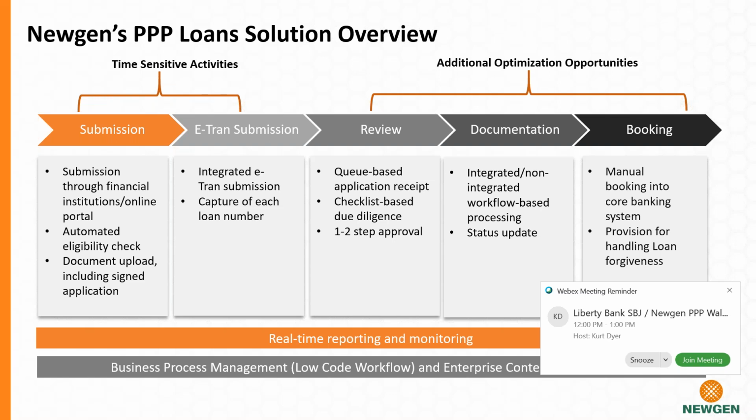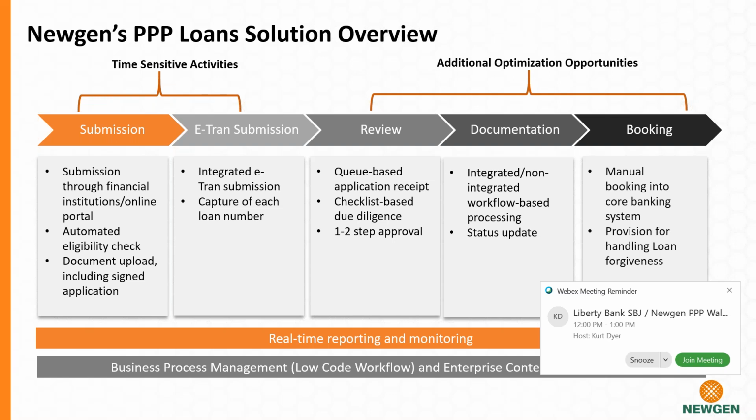So for the application submission portion of the process, we do offer an online portal which will allow the applications to be initiated by the borrowers and then submitted online. This portal can be embedded as part of the financial institution's website, and we also provide an interface for lenders to initiate the application on behalf of the borrowers.